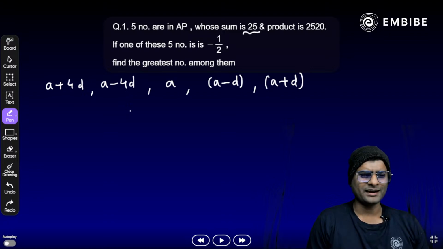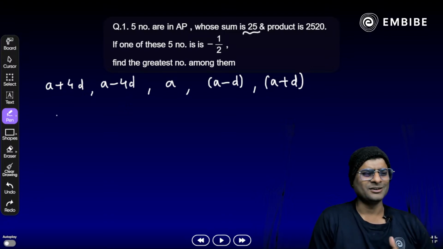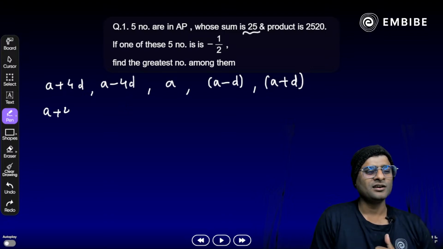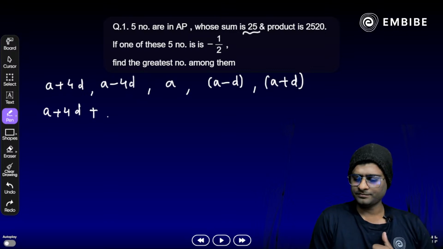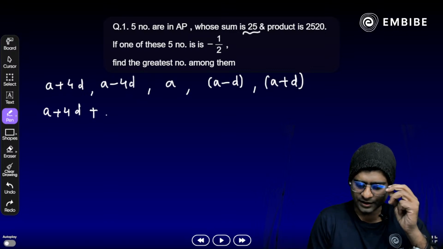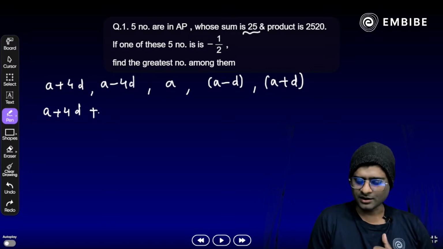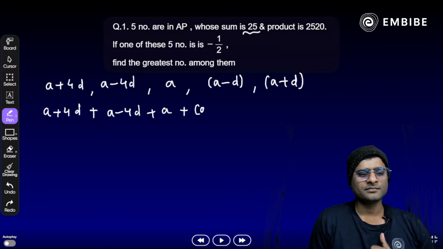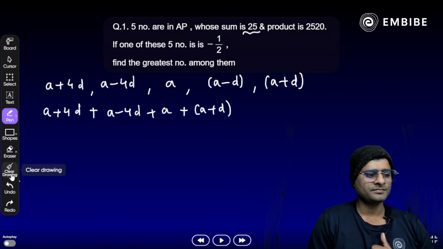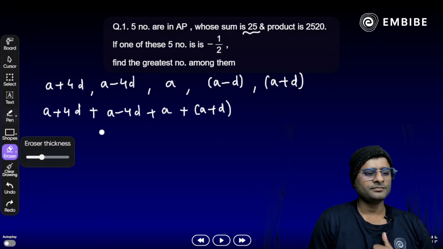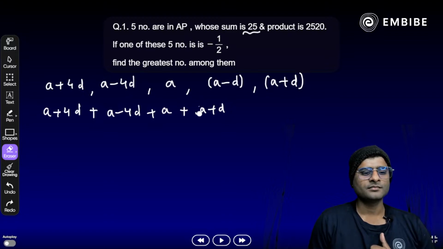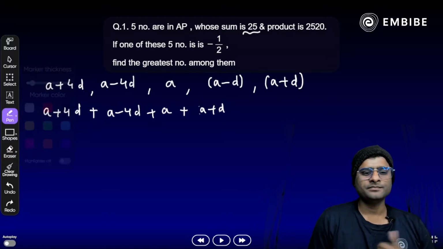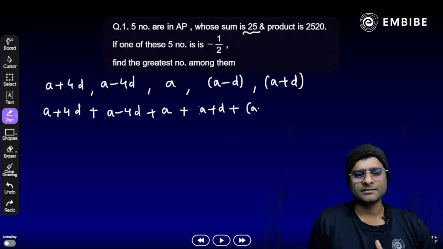Yes, we need to add it. It is very easy. I have to do this step here. A plus 4d, added to a minus 4d, added to a minus d, and the last one, a plus d.